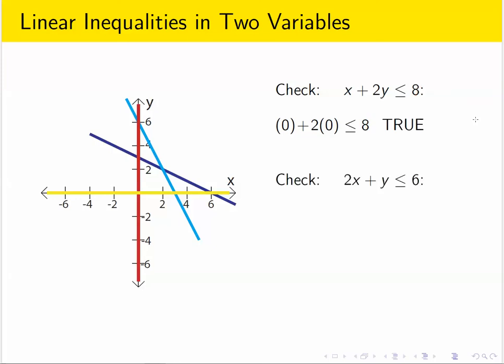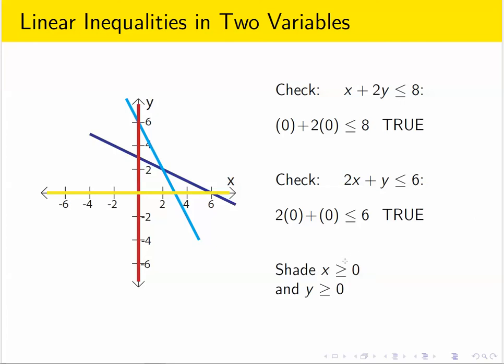So we do want the origin. That means we do want everything below the dark blue line. Again, these should be 6s, not 8s. And then when we check the second inequality, that's the one corresponding to the light blue line, we're going to have the origin satisfy it. So we want to shade what's below the light blue line.